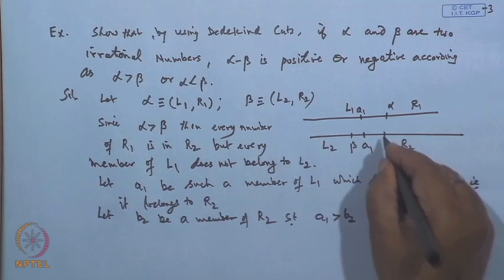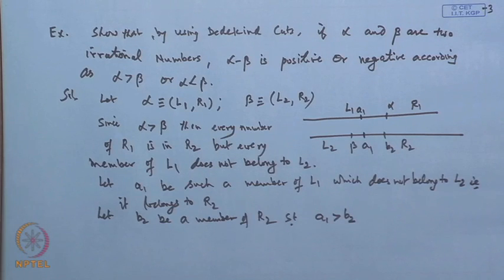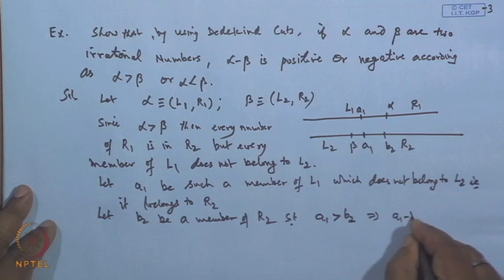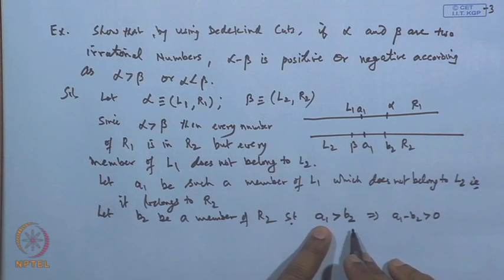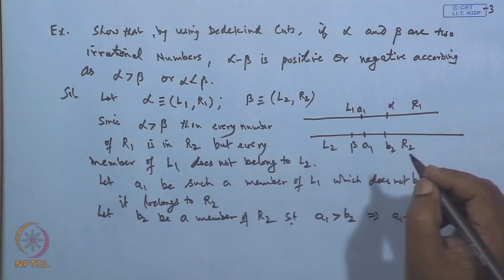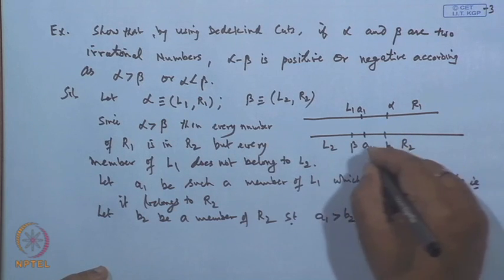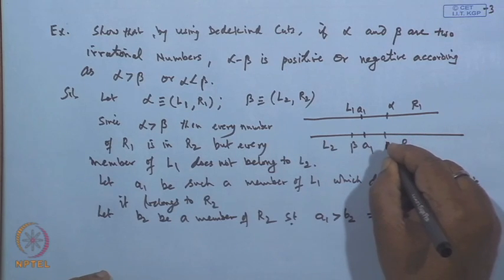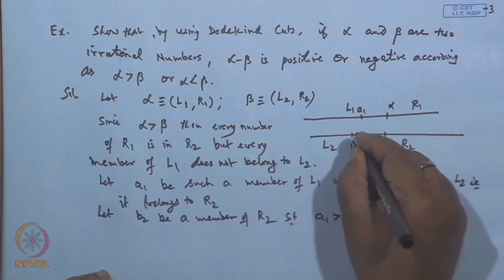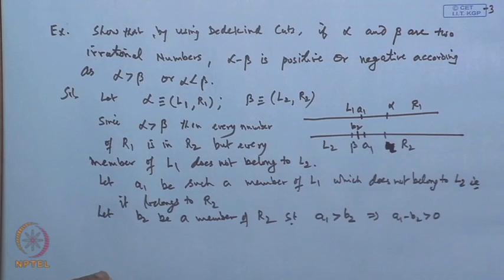Suppose I am choosing this number. Okay. So, A 1 minus B 2 is greater than 0.